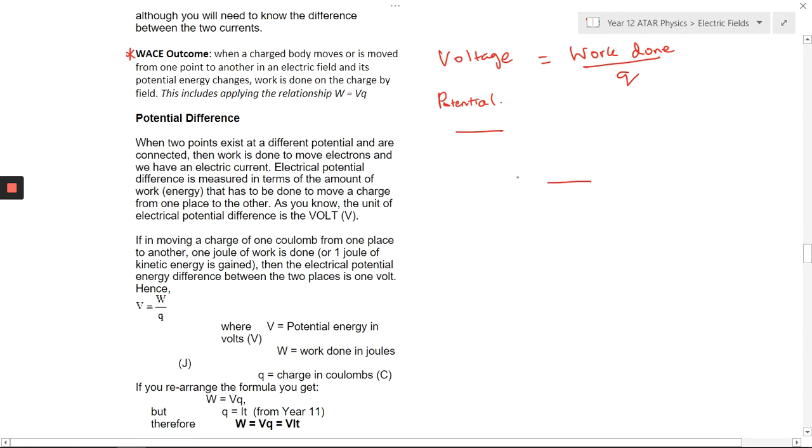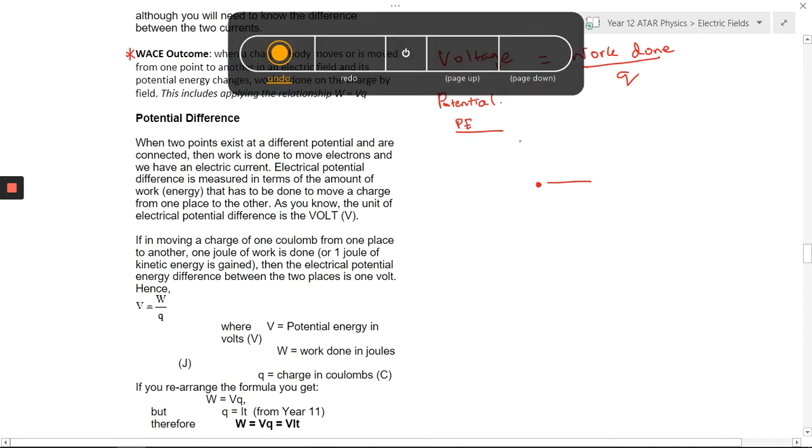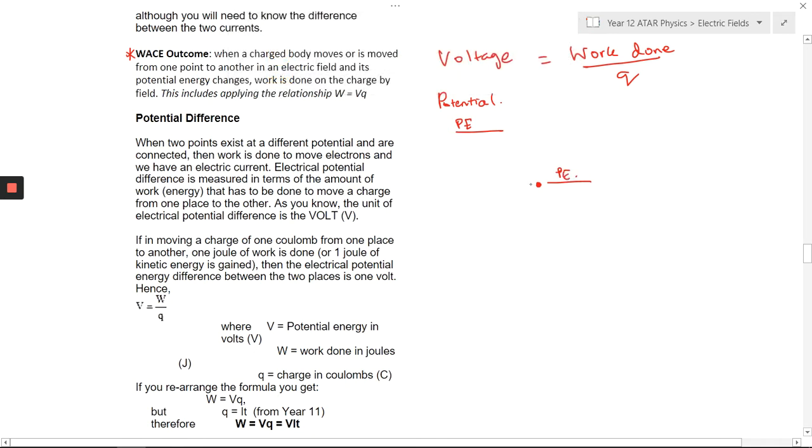If you think about this as potential energy, and you want to take a basketball and raise its potential energy, you've got to do some work on that object. Work is in joules. You've got to give that object some energy. So that's the analogy of a height difference.